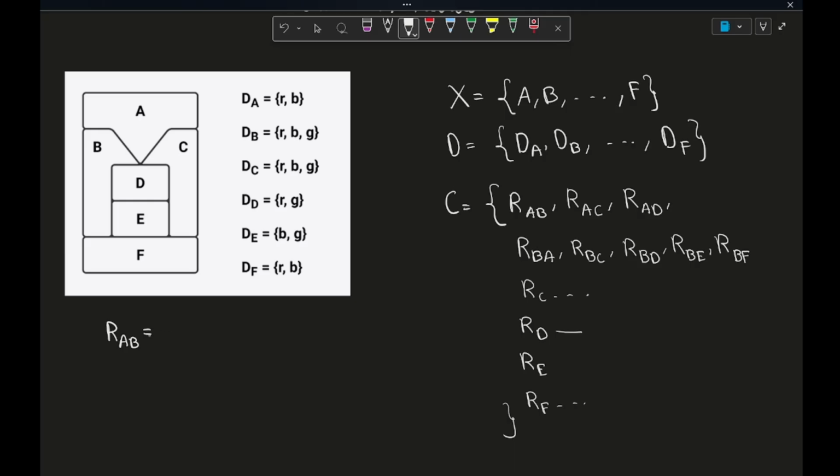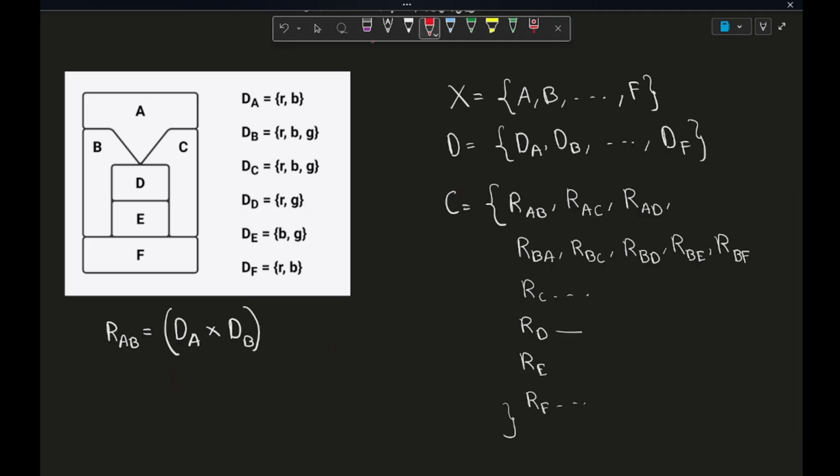So R subscript AB would just be DA cross DB, right? And from this, this is the relation itself, because this will create all the pairs. Instead of equal to, you can write it as subset. Yeah, subset. The right hand side is the Cartesian product.